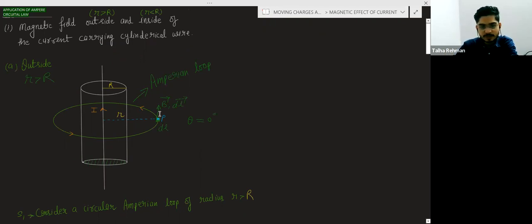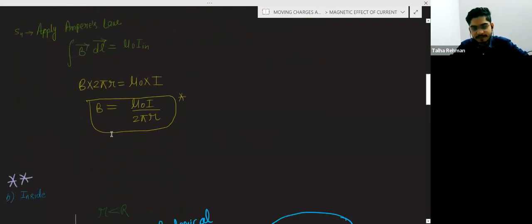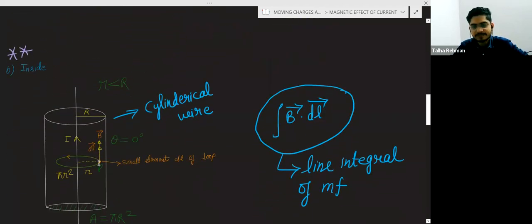By using Ampere's law, we have calculated the magnetic field outside the wire carrying the current I, and we have also calculated the magnetic field inside the wire, at a point inside the wire.